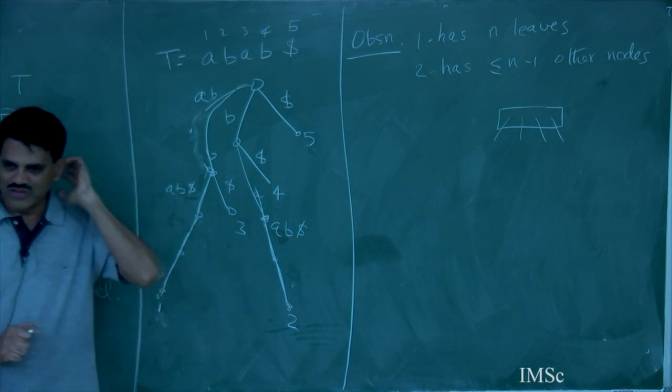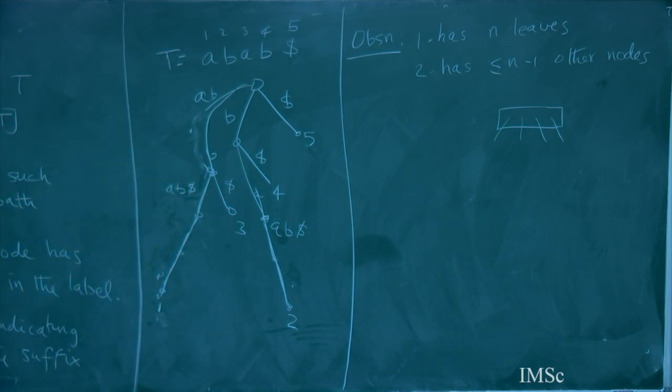So, we need to somehow do something about it in the implementation, because if you just add the edge labels, then the space is still about n square, right, because we just got rid of vertices with exactly one child, and that made the number of nodes linear, but you still have the edge labels accounting for some n square space. So, what do we do?